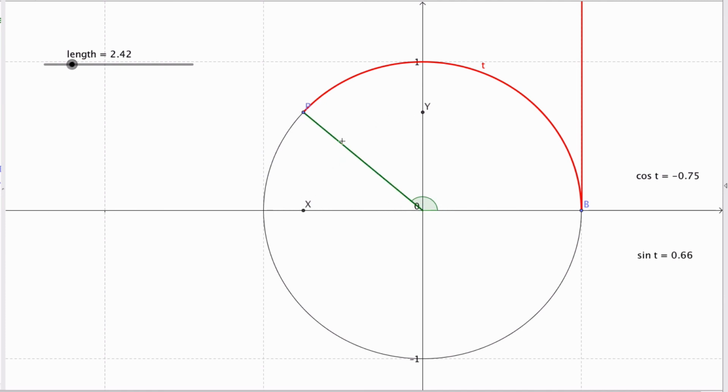So anywhere in here, any t that takes you into this quadrant will give you a negative value for the cosine, guaranteed. Whereas, what's the y value in here? Any t that takes you into here will have a y-coordinate that's positive, or 0, but never negative. So in here, sine of t is positive.